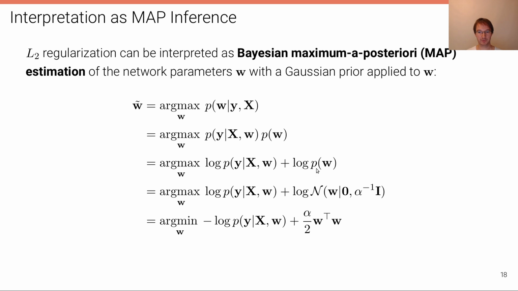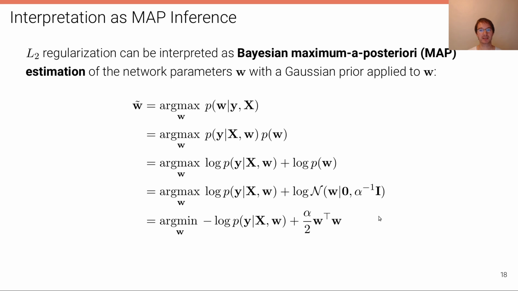And then if we plug in for the log prior the Gaussian distribution with 0 mean and a covariance matrix, which is the identity matrix multiplied with alpha, this regularization strength, inverse, and we apply the logarithm to it, we see that this ends up in the regularizer that we've seen on the previous slide, alpha over 2 W transpose W. So here again we have converted the maximization problem into a minimization problem by taking the negative of this expression.